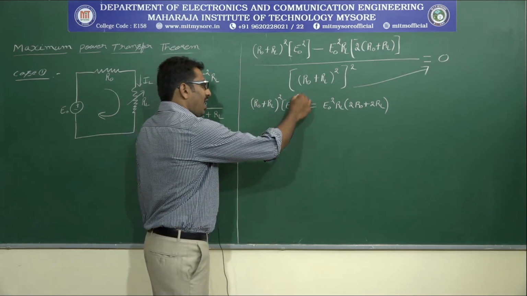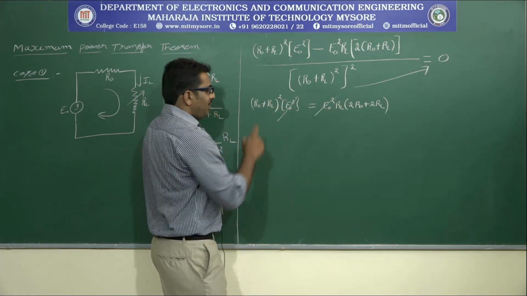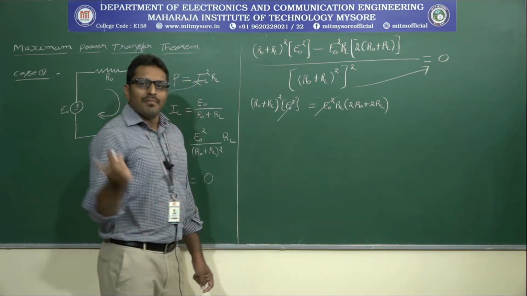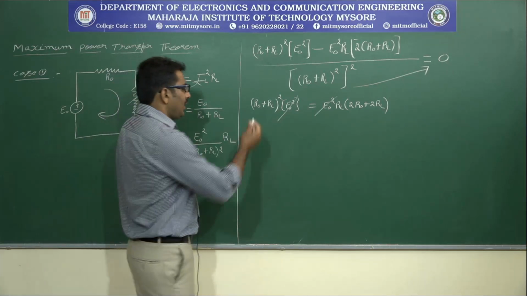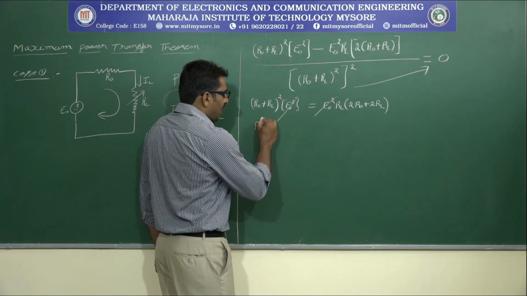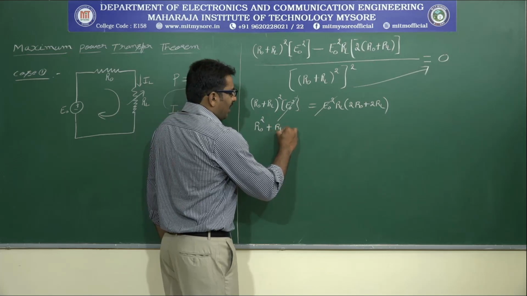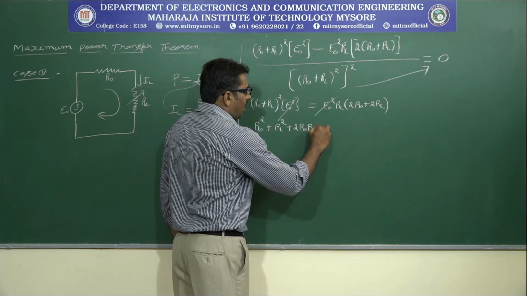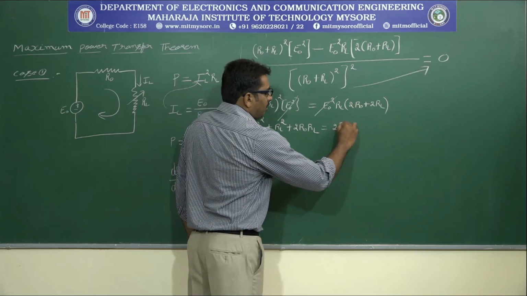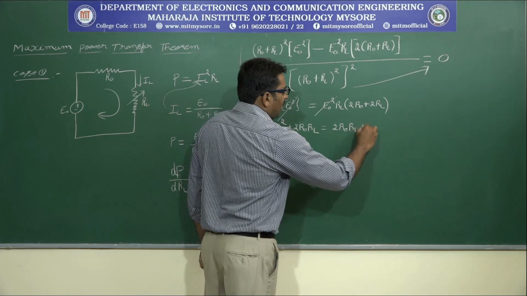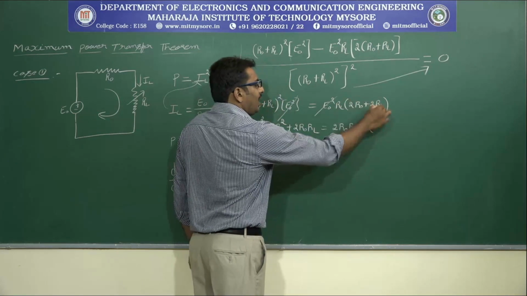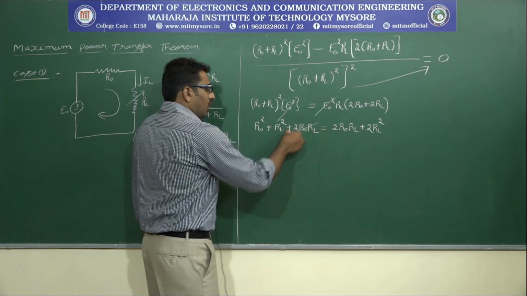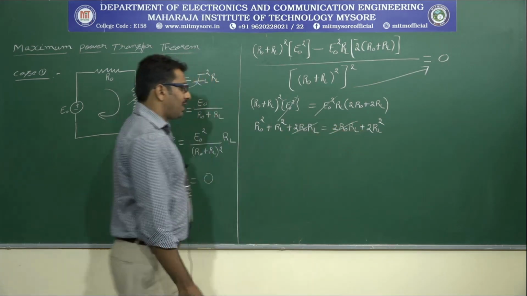E naught square will get cancelled. Then what is the formula for (A plus B) whole square? A square plus B square plus 2AB. Similarly, R naught square plus RL square plus 2 R naught RL is equal to 2 R naught RL plus 2 RL into RL, that is 2 RL square. Now 2 R naught RL will get cancelled.